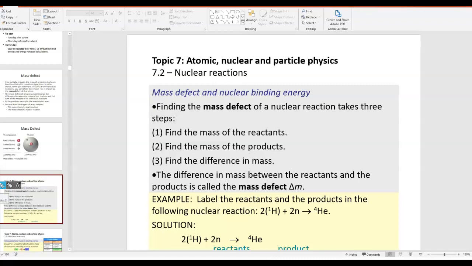But let's say we have a nuclear reaction that looks like this. We have 2 hydrogens and 2 neutrons, and if we combine those, we get helium-4. Helium-4 is 2 protons and 2 neutrons.